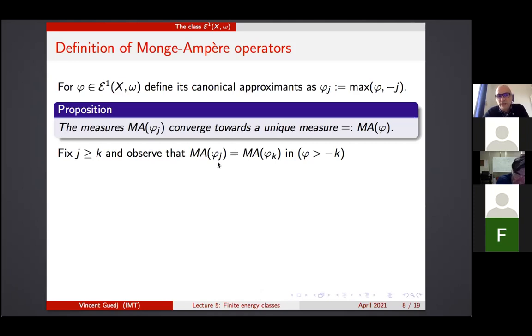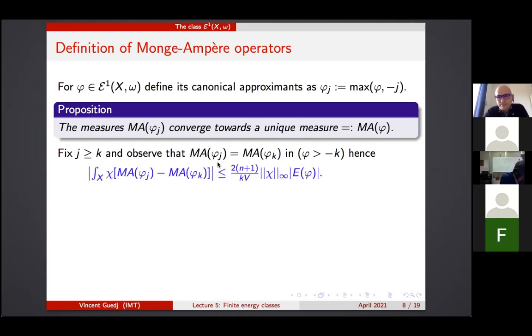So imagine you pick j and k, two indices, with j greater or equal than k. Then observe that the Monge-Ampère of phi_j is exactly equal to the Monge-Ampère of phi_k in the set where phi is strictly bigger than minus k.